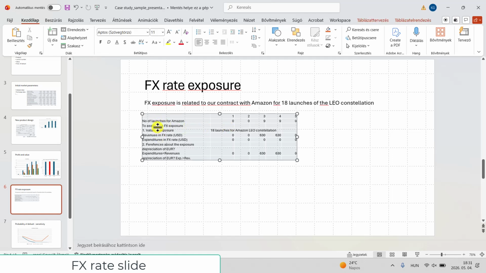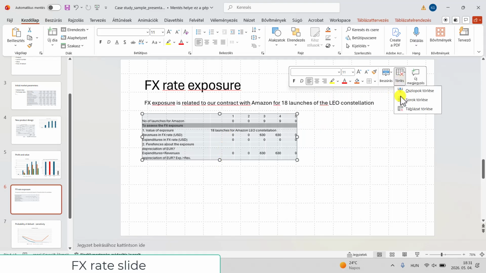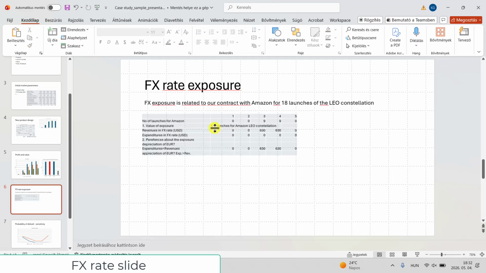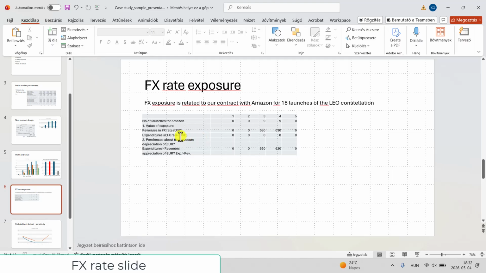So number of launches for Amazon, and obviously we don't need this column here or this row here because we defined it already. So we have revenues, so number of missions, revenues related to them. Obviously revenues are bigger than expenditure, so this one is positive.